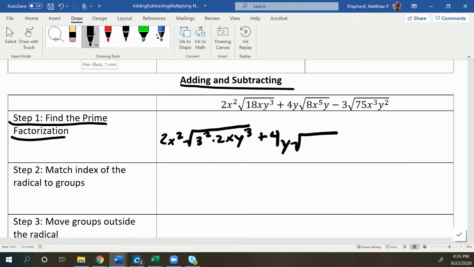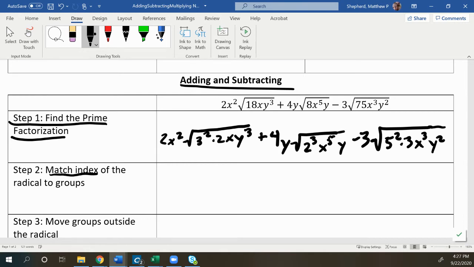The prime factorization of 8 is 2 cubed, x to the power of 5 y, minus 3. Prime factorization of 75 is 5 squared times 3, x cubed, y squared. So notice all I did is I changed the numbers inside the radicals to their prime factorizations.